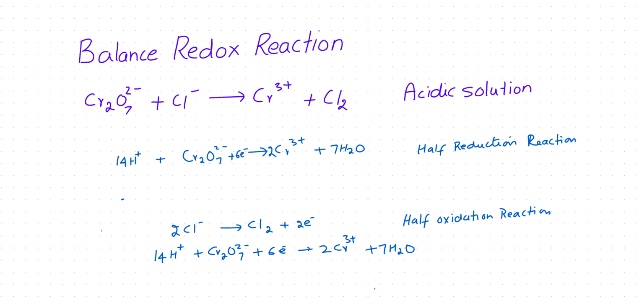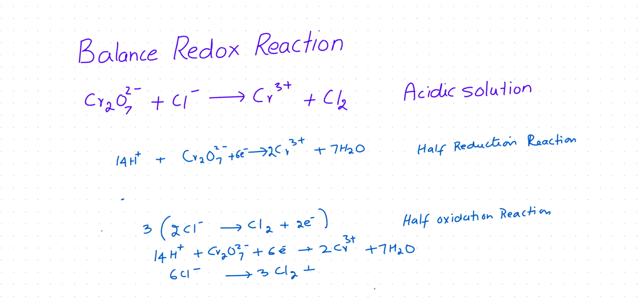To cancel them, they should be equal in number and on opposite sides. So here we have 2 electrons, here we have 6 electrons. So we multiply this equation by 3. So 3 times 2 becomes 6. So we write below: 6 Cl- gives 3 Cl2 plus 6 electrons.